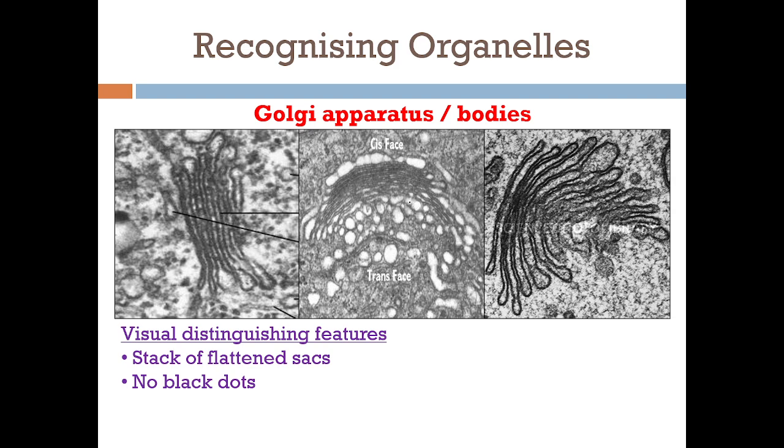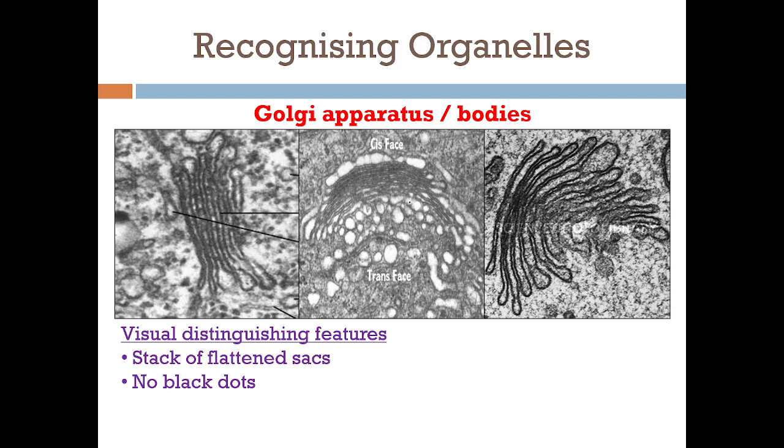The stack of membranes in the Golgi is on its own. Surrounding it, you usually wouldn't have something else touching it. And obviously there are no ribosomes attached to the membrane, so you don't see the black dots.